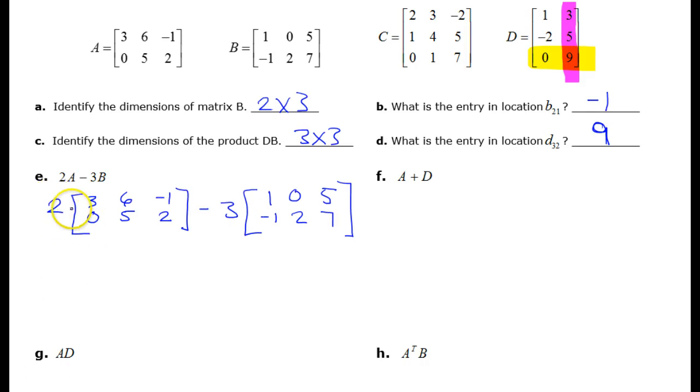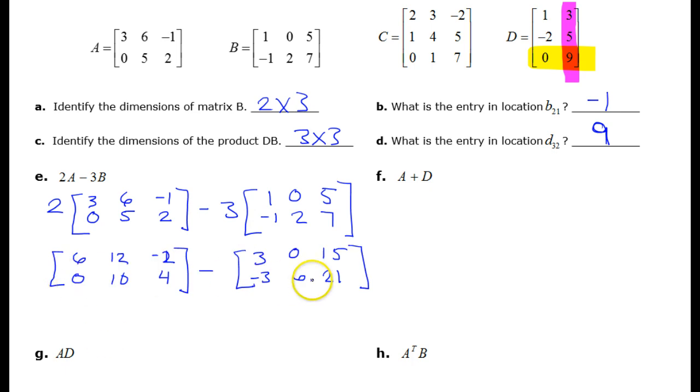For part E, we are to perform the calculation 2A minus 3B. So that's 2 times matrix A minus 3 times matrix B. So of course we will just take matrix A and multiply everything by 2, and we will take matrix B and multiply everything by 3.